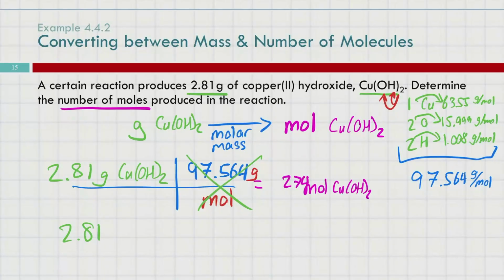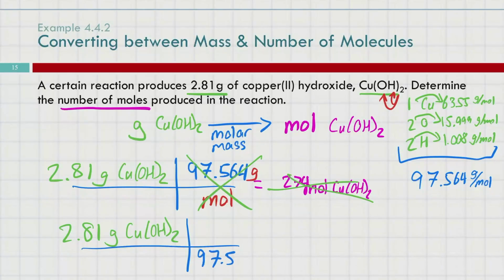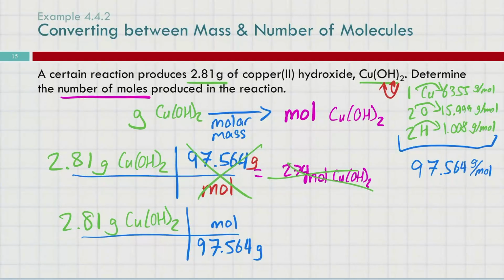So 2.81 grams copper hydroxide. Flip our conversion factor because things did not work out. And now look at that, grams on the bottom, grams on the top. Those will cancel, beautiful.